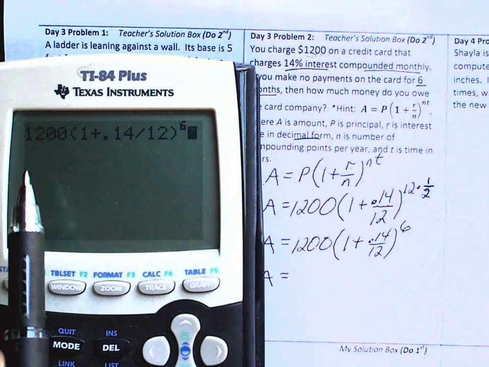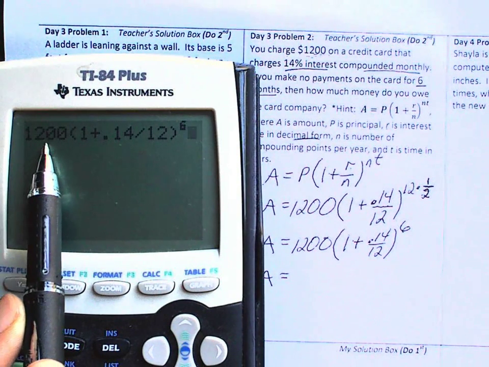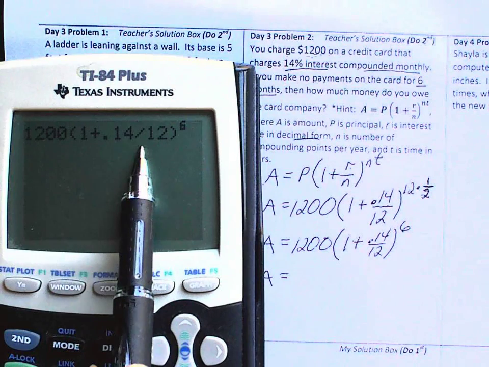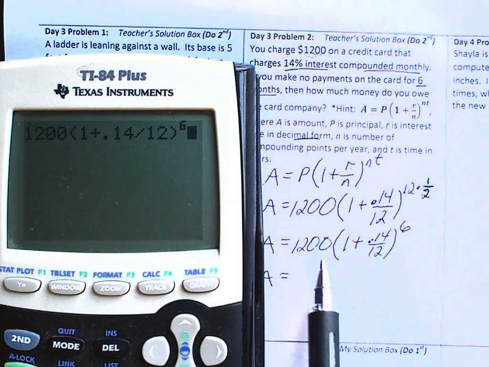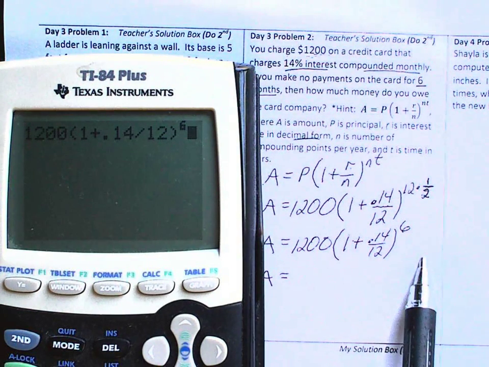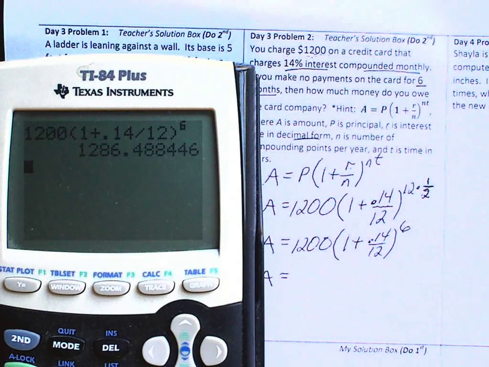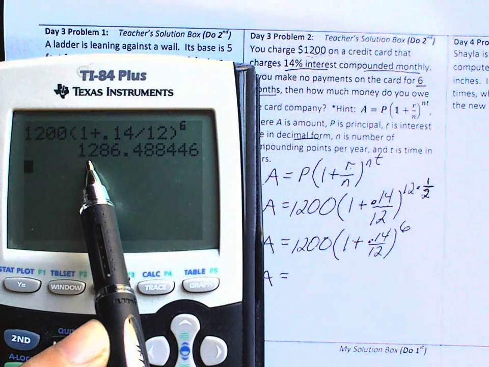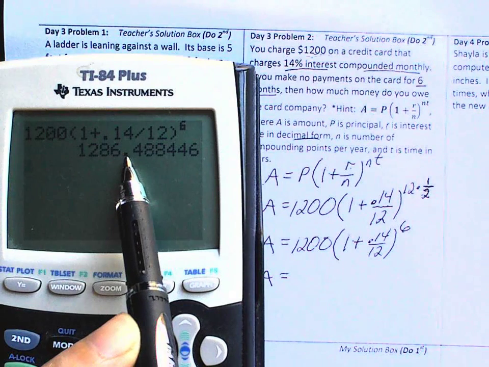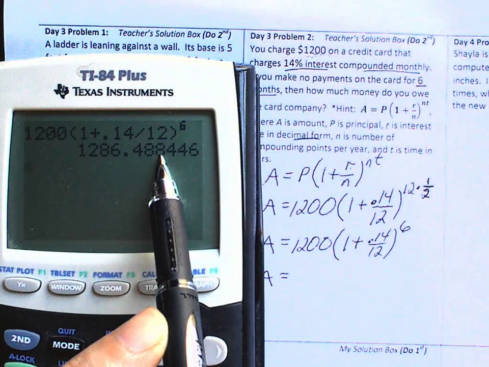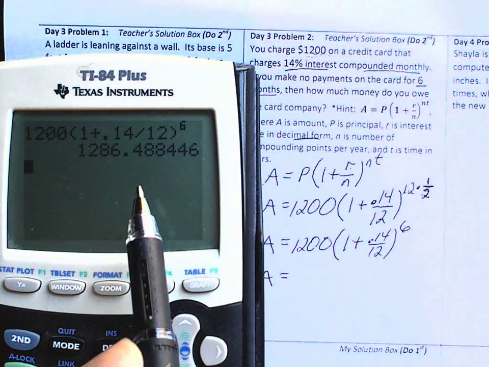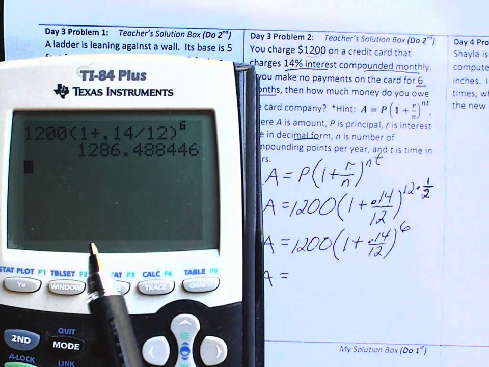And so this expression that you see on the screen of the calculator is the same thing as what's written here on the paper. Hitting enter, we have an answer of 1286.4884 and so on.